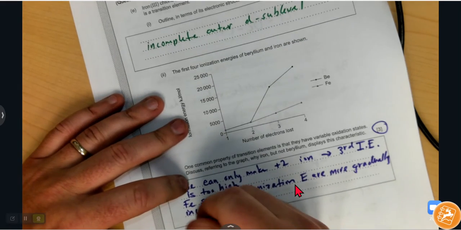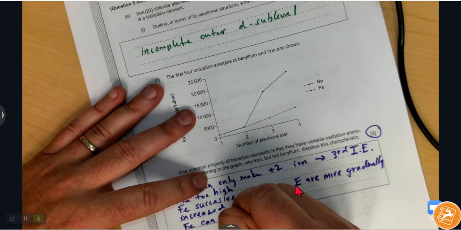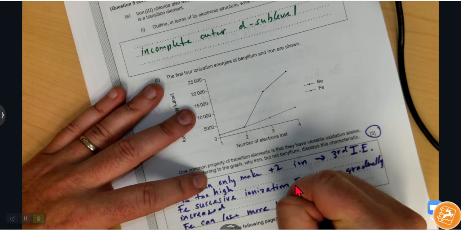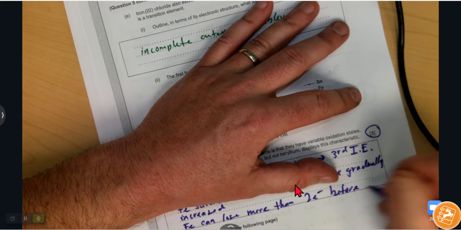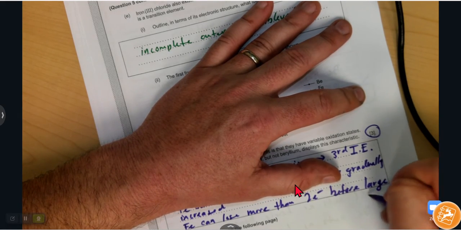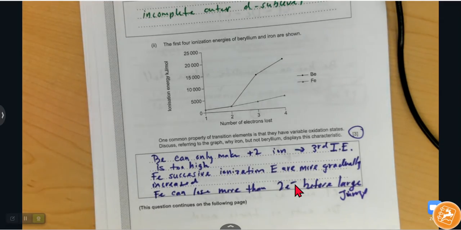And then for the third, I'm going to say iron can lose more than 2 electrons before the large jump. I don't know. Again, we're going to have to look at the mark scheme. I don't know if I got them all.